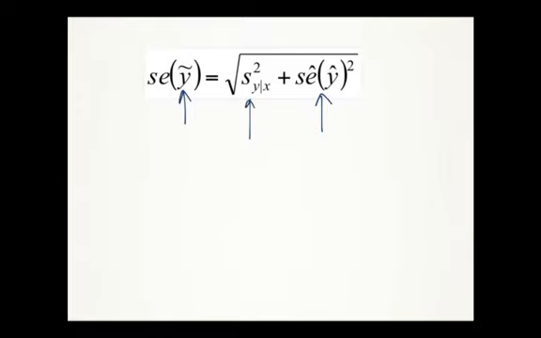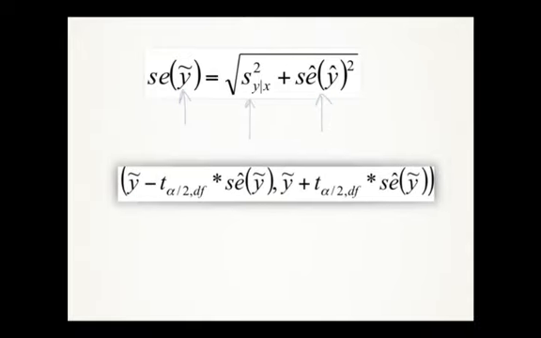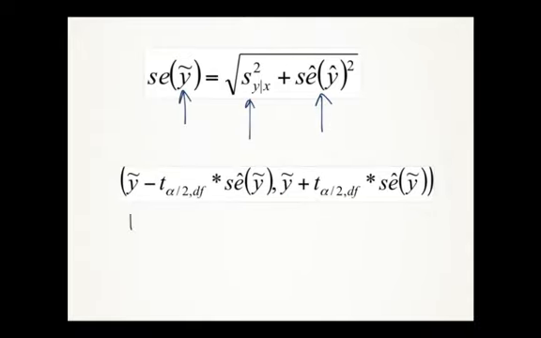Okay? And so if we were to construct a confidence interval, again, it would take this familiar format of the estimate minus the critical value times the standard error, comma, estimate plus critical value times the standard error.